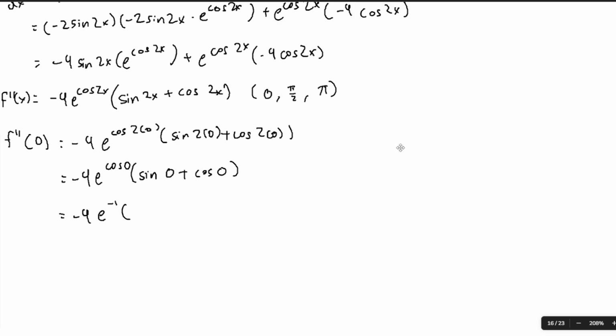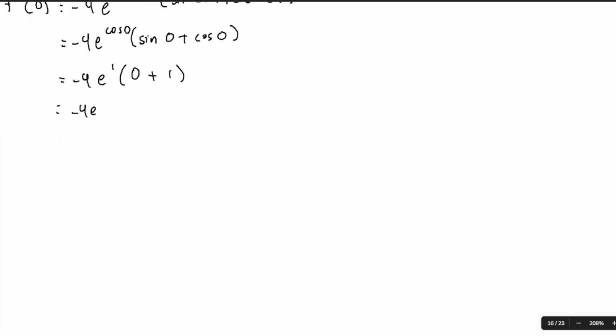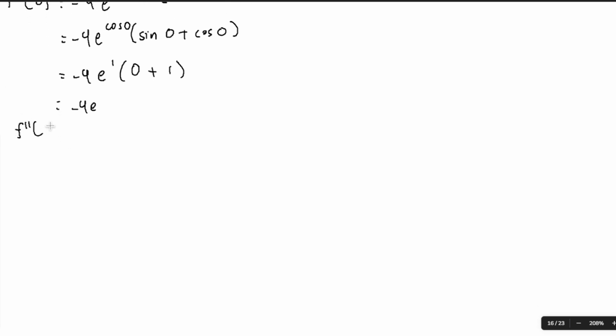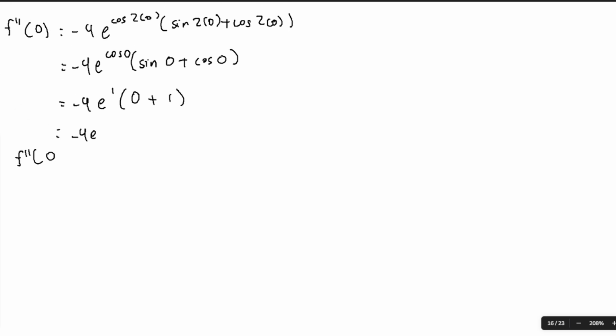Cos 0 is not minus 1, my bad, it's 1. And sine 0 would be 0, plus 1. Then we'd be left with minus 4e. Since f dash of 0 is less than 0, that means this is a local maxima.